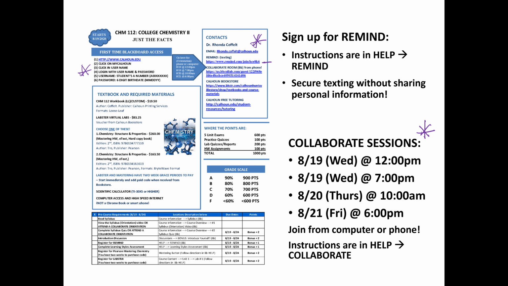I'm going to go through this and show you where everything is. You have a copy of this in Blackboard under Course Information, Syllabus. You'll also have the Just the Facts sheet, the syllabus, and then the schedule or checklist.